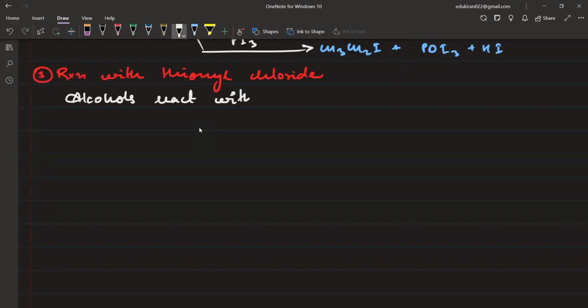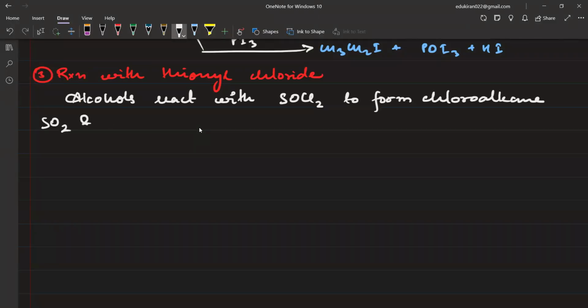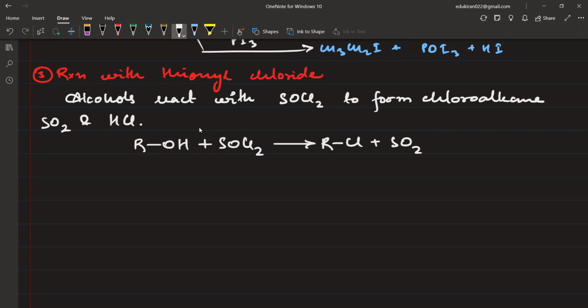Alcohols react with SOCl2 to form chloroalkane, sulfur dioxide, and HCl. The general scheme of reaction is alcohol plus SOCl2 giving you RCl plus SO2 gas, which will liberate out, and HCl gas, which will also go out.